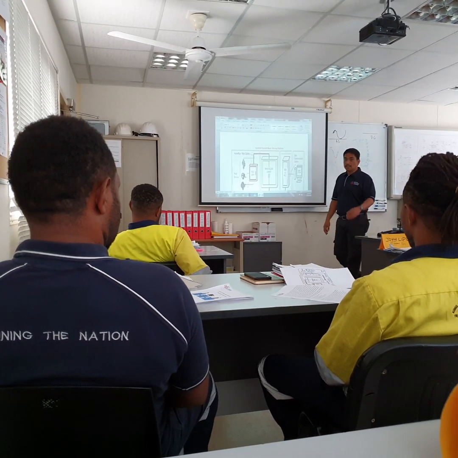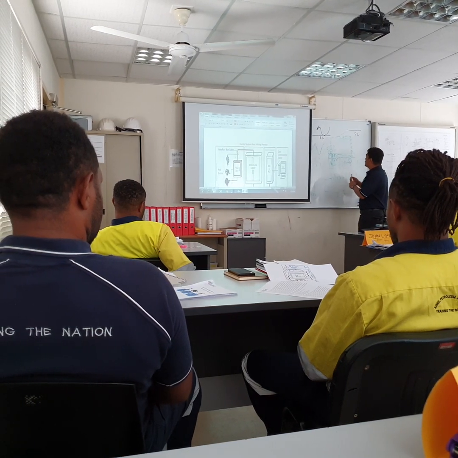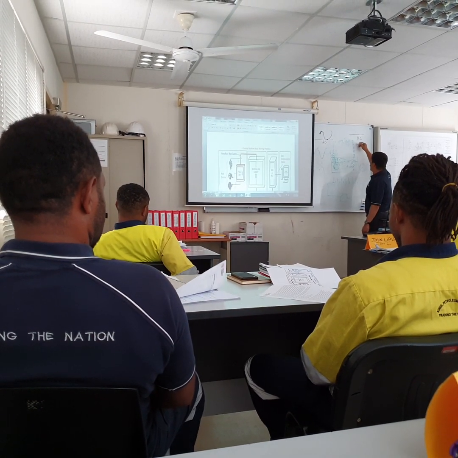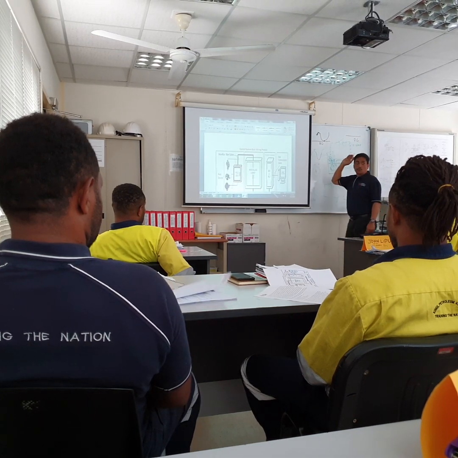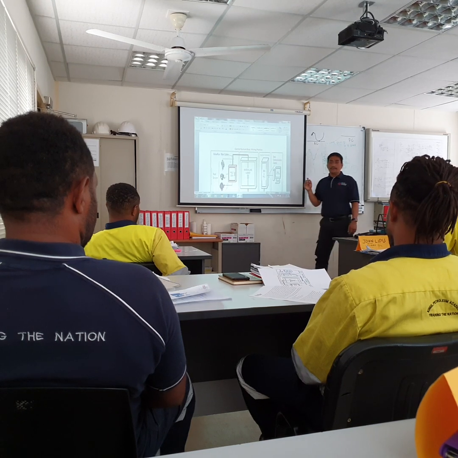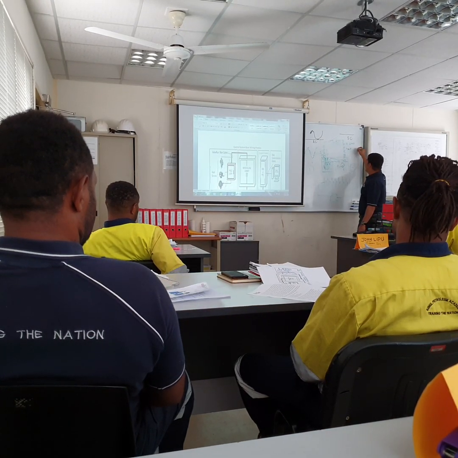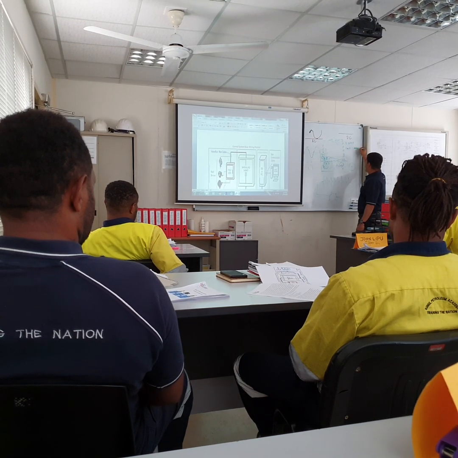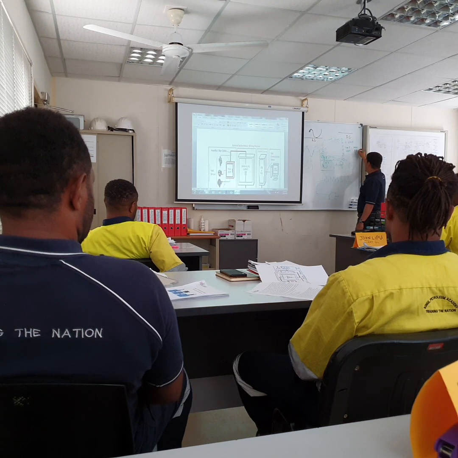So basically, if you are going to look at a PLC system, you have what is so-called 4 to 20 milliamps. Did you study this part? 4 to 20 milliamps? Yes, with Nathan. 4 milliamps is the lowest value. 20 milliamps is the highest value.